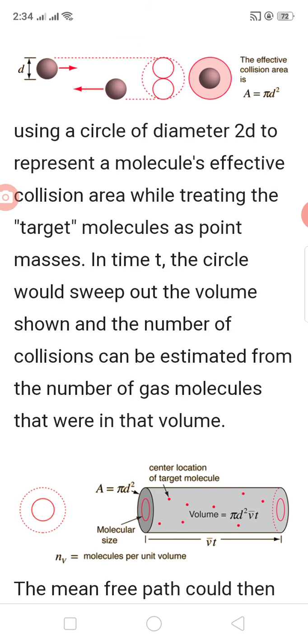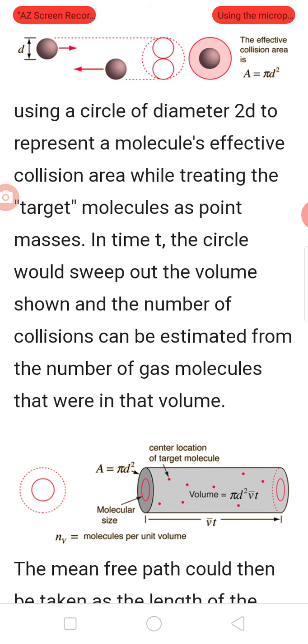The central location of the target molecule, its volume, is this cross-section cylinder. One molecule moves and another molecule moves in the opposite direction.